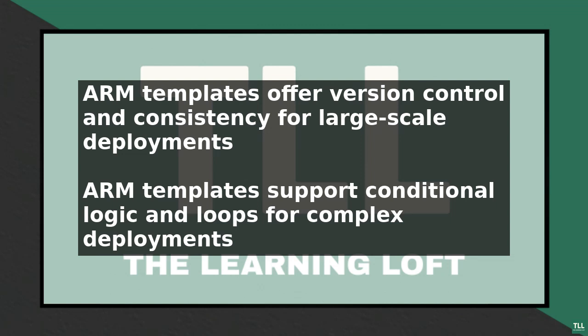In conclusion, Azure Synapse ARM templates provide a powerful way to deploy and manage Azure Synapse resources, offering consistency, reuse, and version control, while alternatives such as the Azure Portal, Azure PowerShell, and Azure CLI have their own strengths and weaknesses. ARM templates are ideal for large-scale deployments and complex projects. By understanding the pros and cons of each approach, users can make informed decisions and choose the best deployment method for their specific needs.